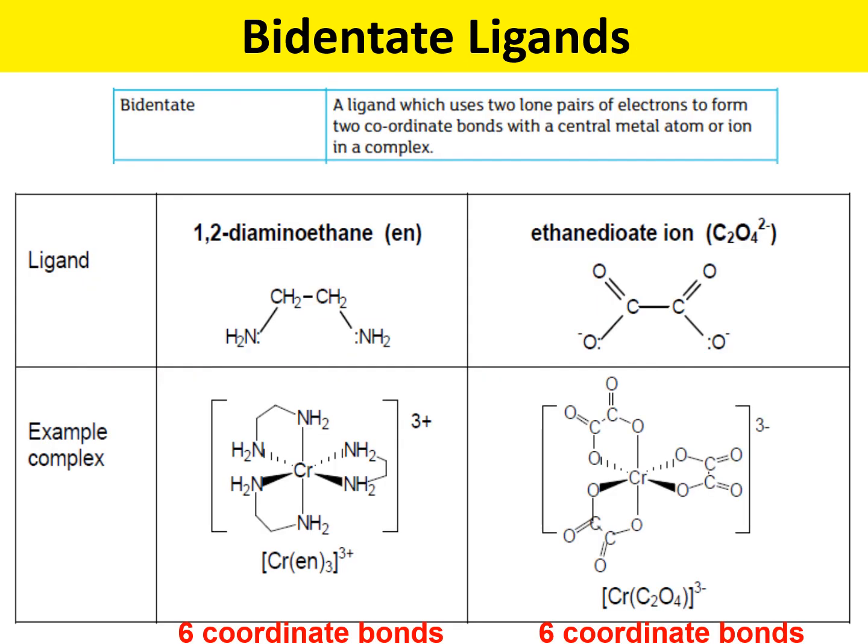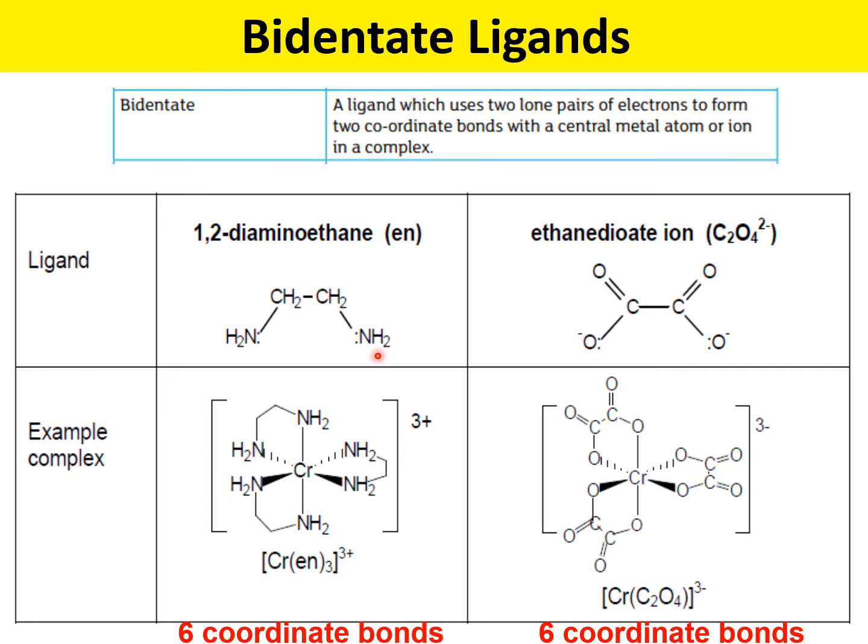Let's move on to bidentate ligands. Bidentate ligands are ligands which use 2 lone pairs of electrons to form 2 coordinate bonds with the central metal atom or ion in the complex. There are 2 common bidentate ligands that we need to be aware of. The first one is 1,2-diaminoethane, where you have a lone pair of electrons on each nitrogen.